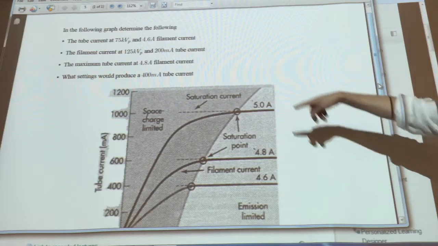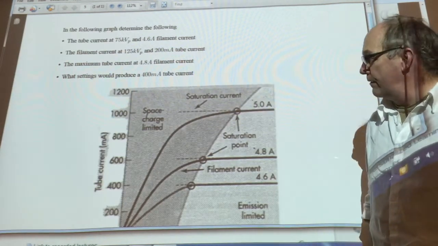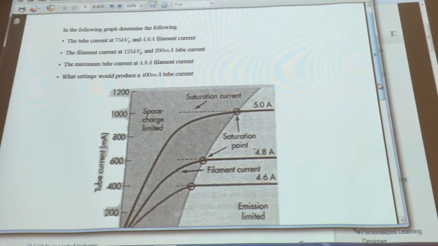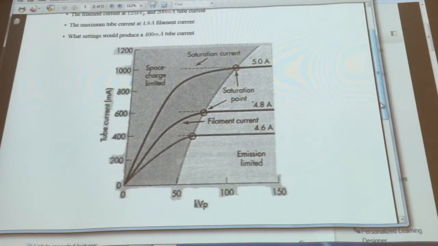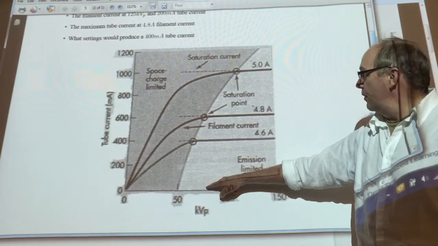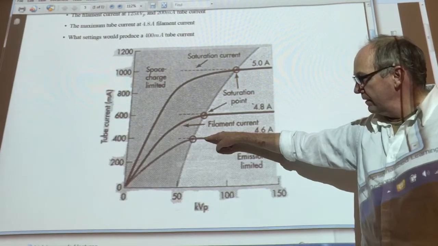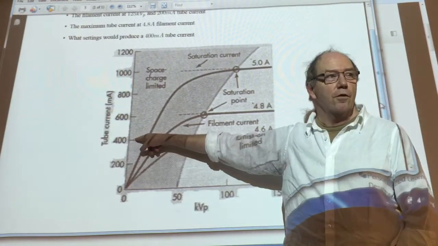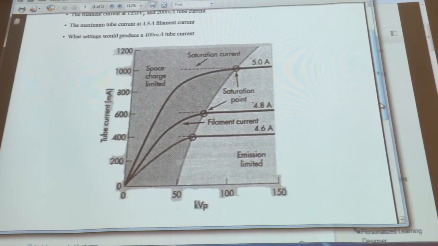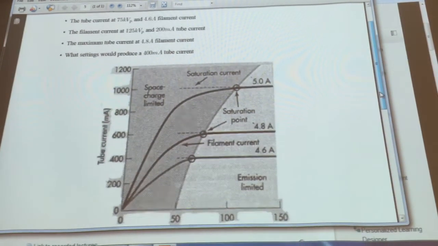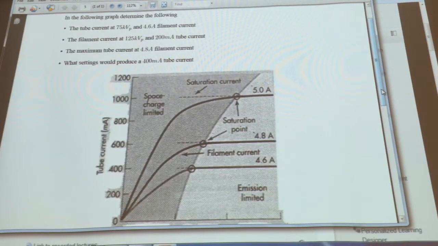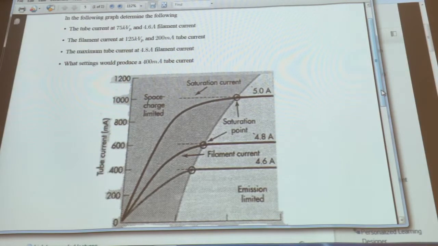So a typical example, if you're looking for the tube current at 75 kVp: find 75 kVp, and it was 4.6, you read up, you read over, 400 milliamps. Just being able to read that graph, yes? Next, the filament current at 125 kVp and a 200 milliamp current.